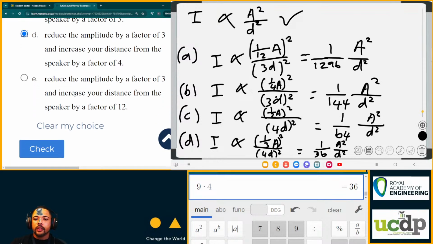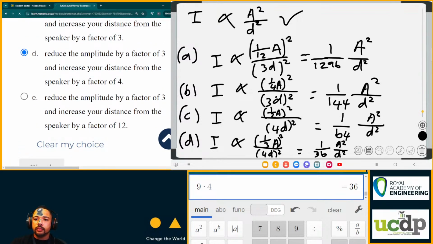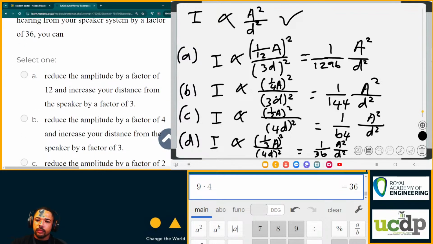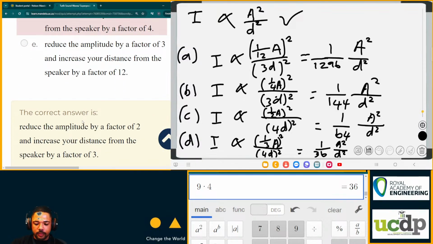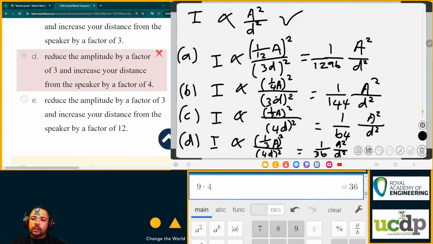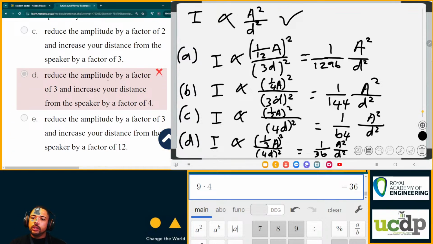Okay, and let's check that answer. Which one was it? Okay, it's the next one. Reduce the amplitude by a factor of 3.